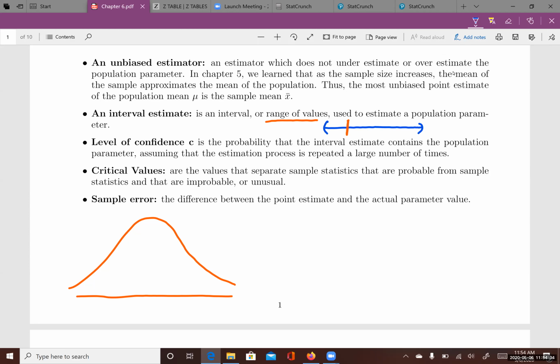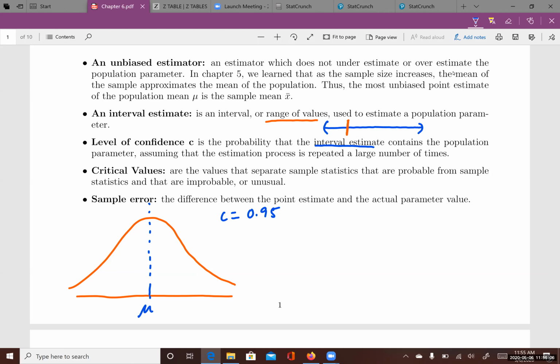and you want to set up a level of confidence of, let's say, 95%, so C equals 0.95, that means with 95% confidence, the probability that the interval estimate will contain the population mean. If the distribution is normal, then this should be mu, the population mean.